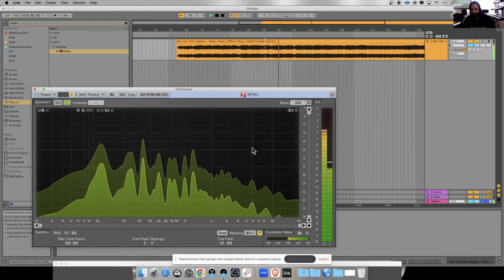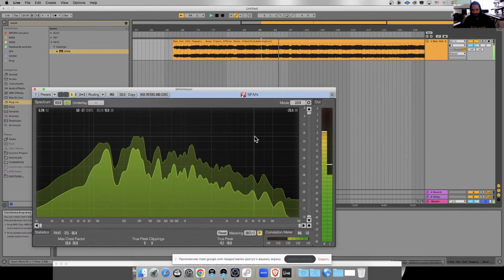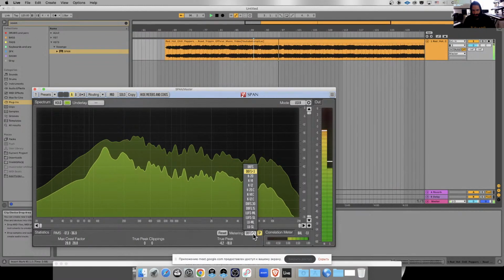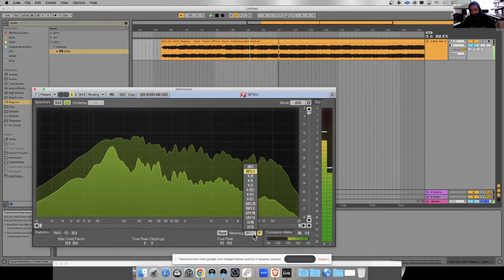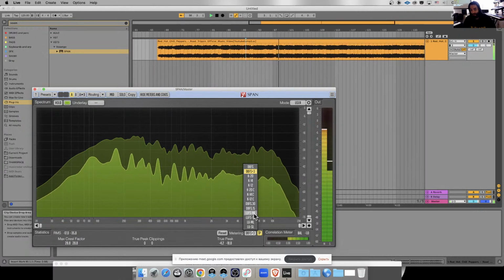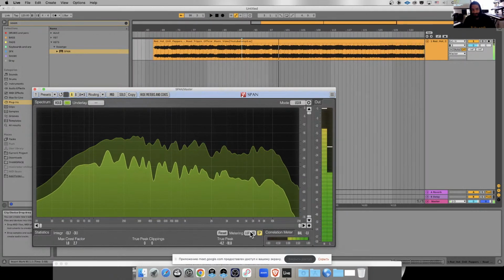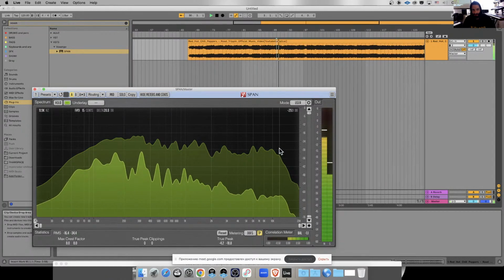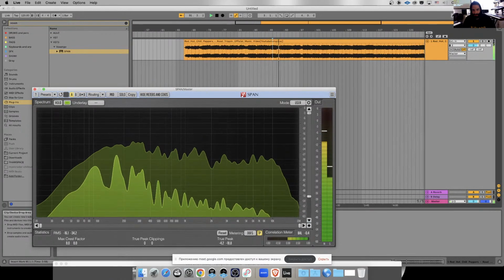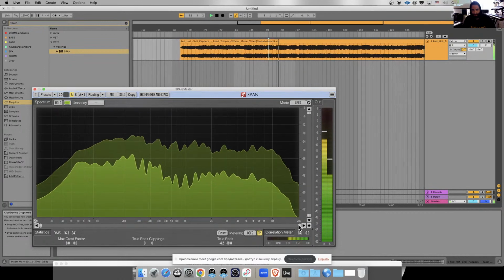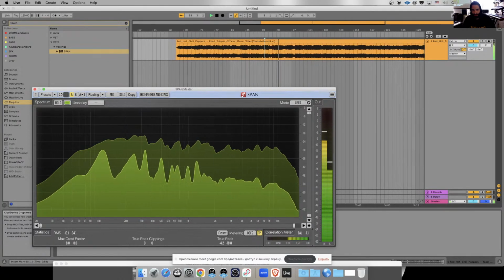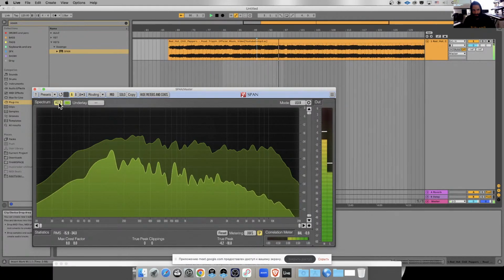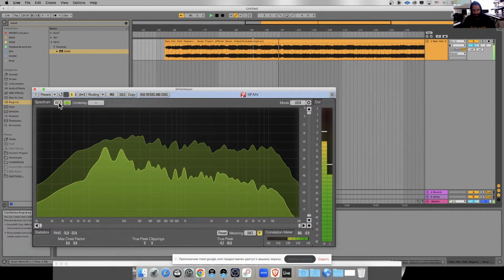When you click it, it clears. Yeah, look, it has LUFS. Nice. It has also LUFS. It's really nice. And this is a zoom in and zoom out, vertical.